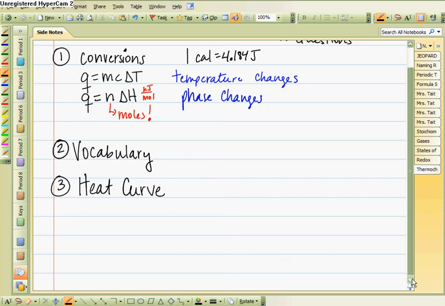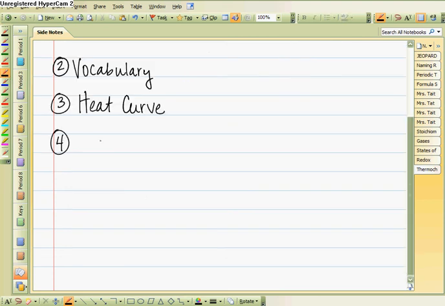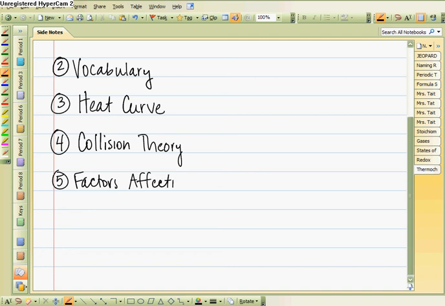Then you also have the reaction rate portion. And in reaction rate, right, a couple of things that we covered. Collision theory, right, understanding the requirements of a collision in order for a chemical reaction to occur, as well as the factors affecting reaction rates.